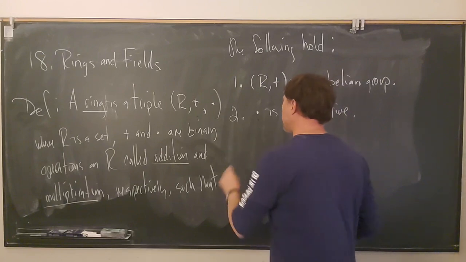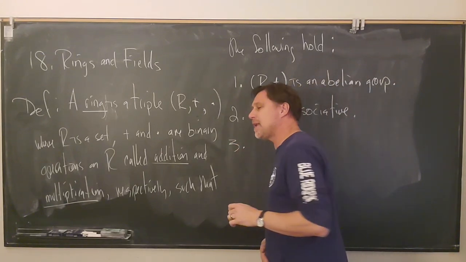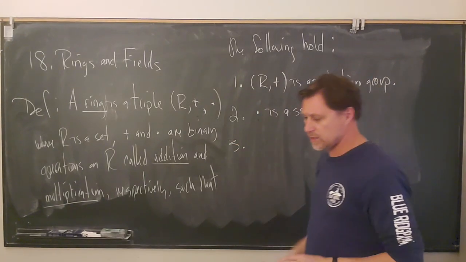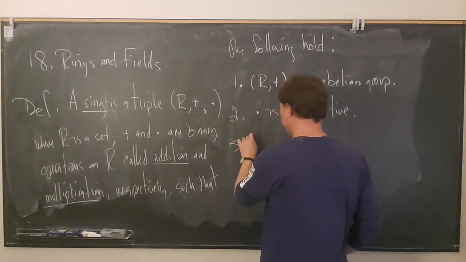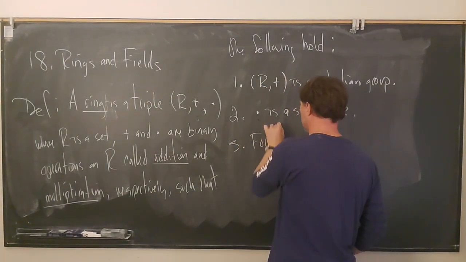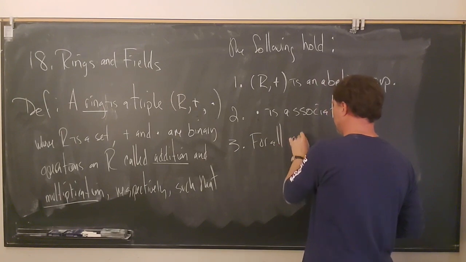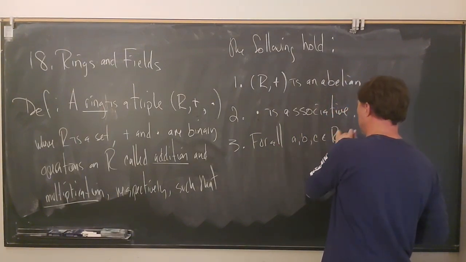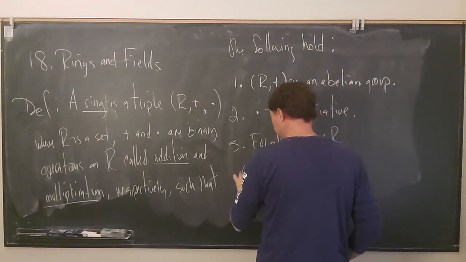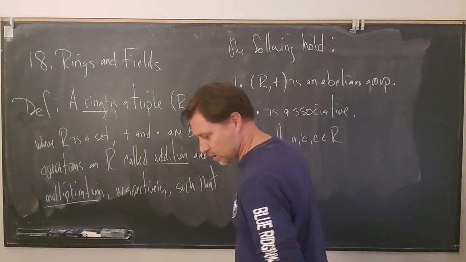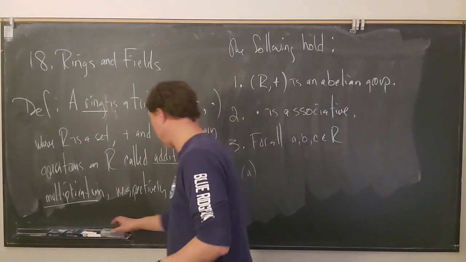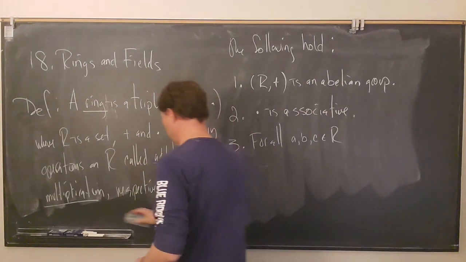Then there's one more axiom, and this axiom connects the two operations together. For all A, B, and C in R, there are really two parts to axiom 3.